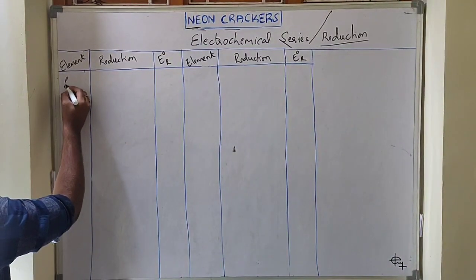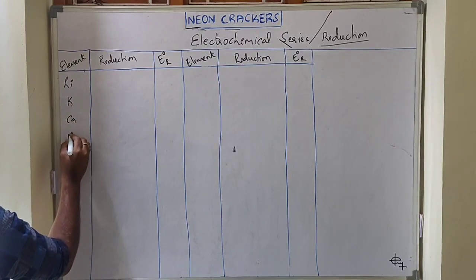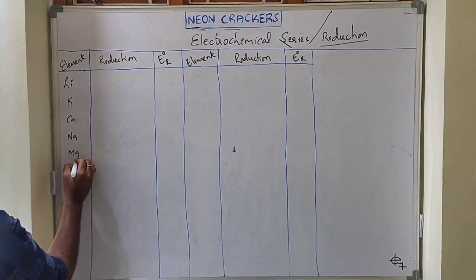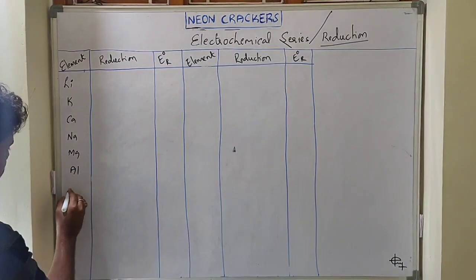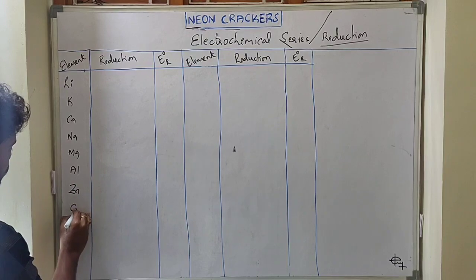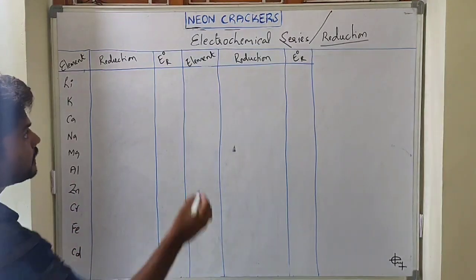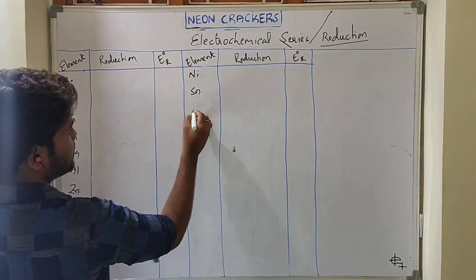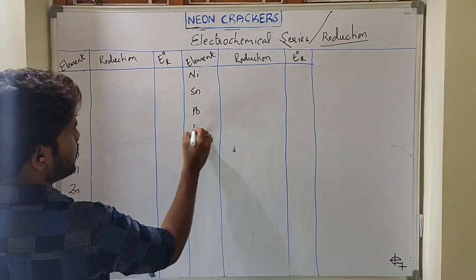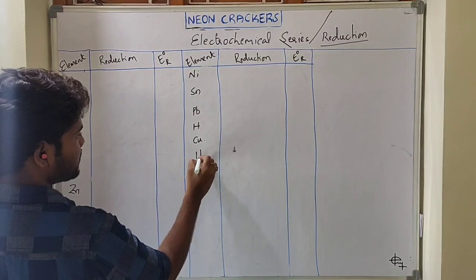Li ka ka na mal, jikro fe cut, next one nis, and this is extra, Pb, hydrogen, copper, and the next one is Hapa.